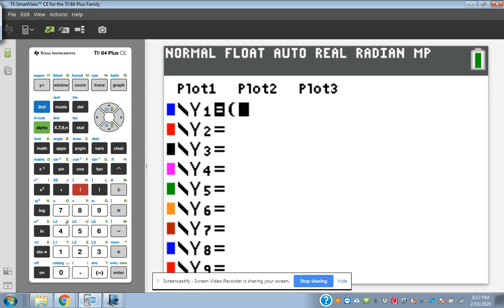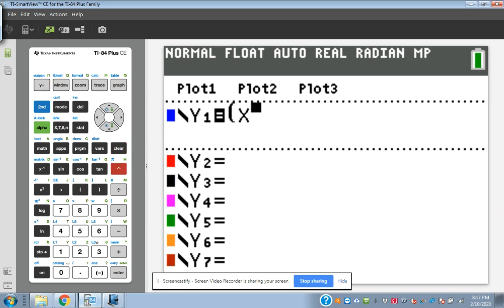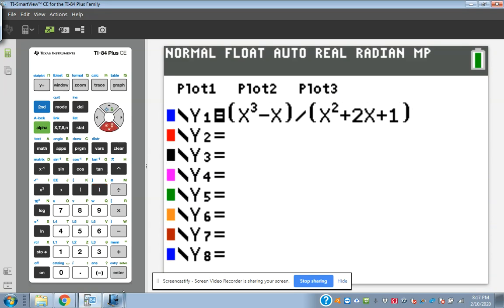So again, parentheses, x raised to the third minus x, close parentheses, divided by parentheses, x squared plus 2x plus 1. I'm going to go ahead and type in the equation of my oblique asymptote because I want to see what it looks like.